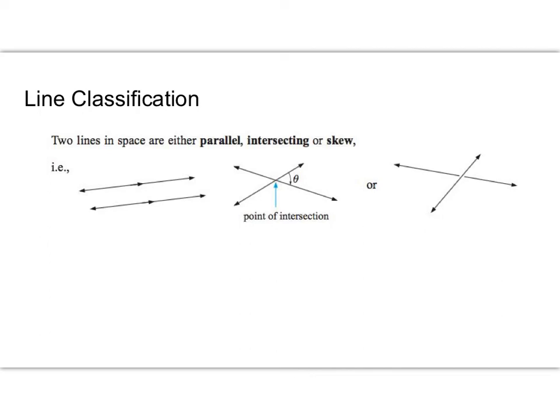And if they intersect, they have a point where they cross. Not necessarily collide, but cross. And then skew is when they're not parallel, but they don't intersect either. Okay, so those are 3 classifications of line: either parallel, intersecting, or skew.